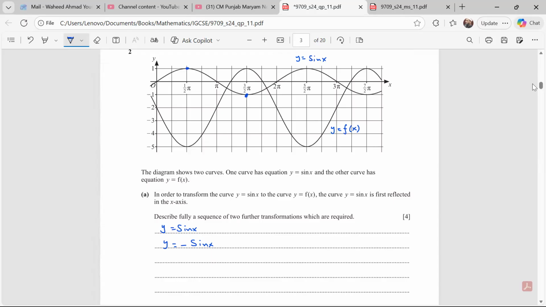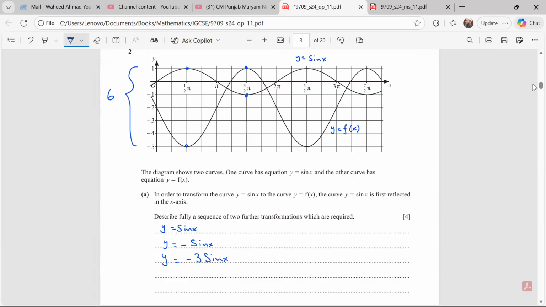But this curve, this bigger one, goes from +1 to -5. So the total range it is covering is 6. That means I have to multiply this function with 3. So the next step is y is equal to -3 times sine x. Now this -3 sin x will go between +3 and -3. So the total range it is taking is 6.